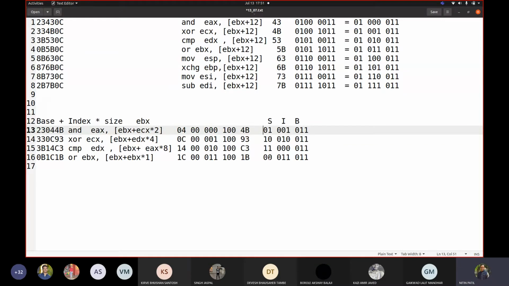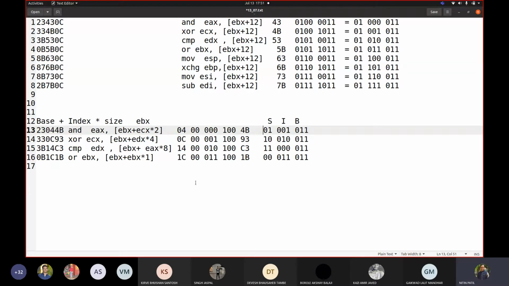If you see, 1 is 00, 2 is 01, 4 is 10, and 8 is 11. There is nothing called 3, nothing called 5, nothing called 7. The scale factor would be only in this pattern: 1, 2, 4, 8. Only these numbers would be there in scaling. Is that okay?